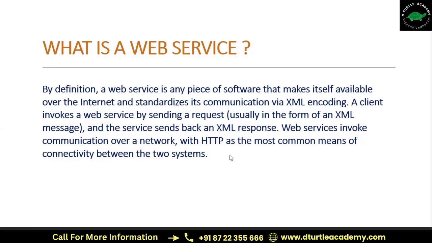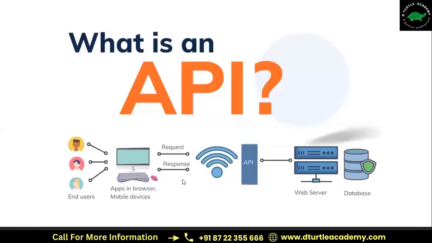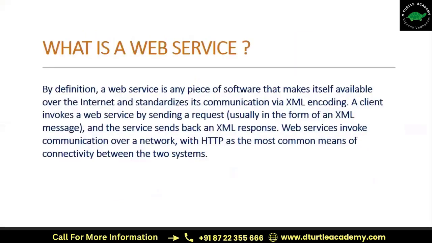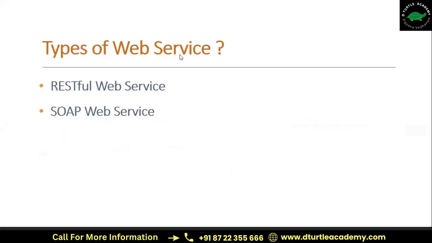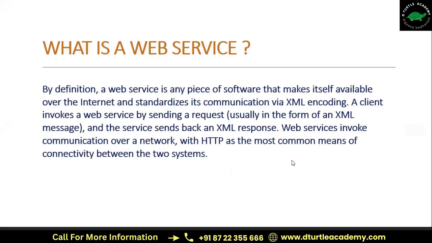HTTP is nothing but hypertext transfer protocol. API will sometimes work without internet also. For web services, you must have internet connectivity. So that is the difference between API and web services.